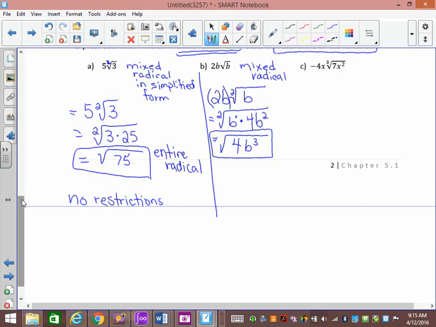Any negative number cubed is a negative, right? So what do I have to say? b has to be greater than or equal to 0. That's my restriction. If b is less than 0, I'll end up with a negative number. Even if it's a decimal negative, it won't work out, because when you cube a negative number, it stays negative.